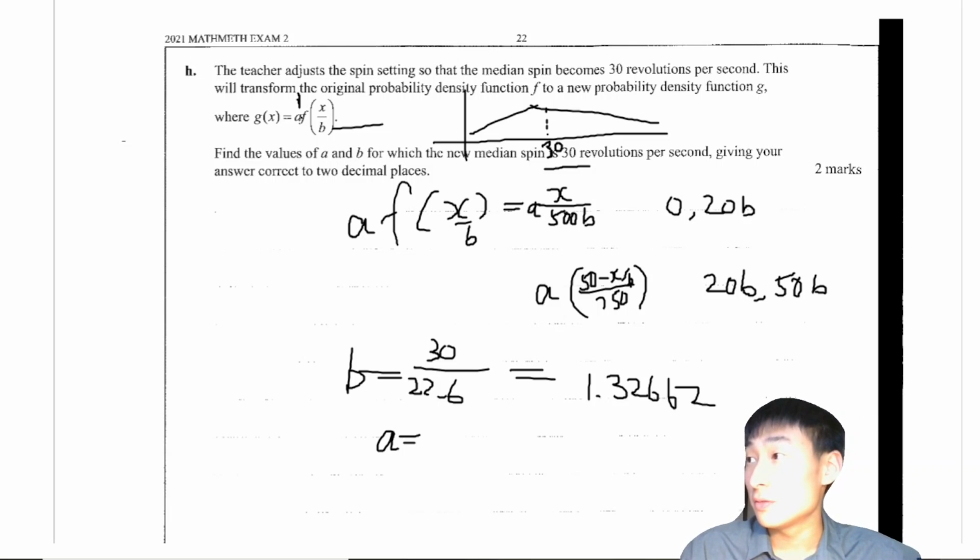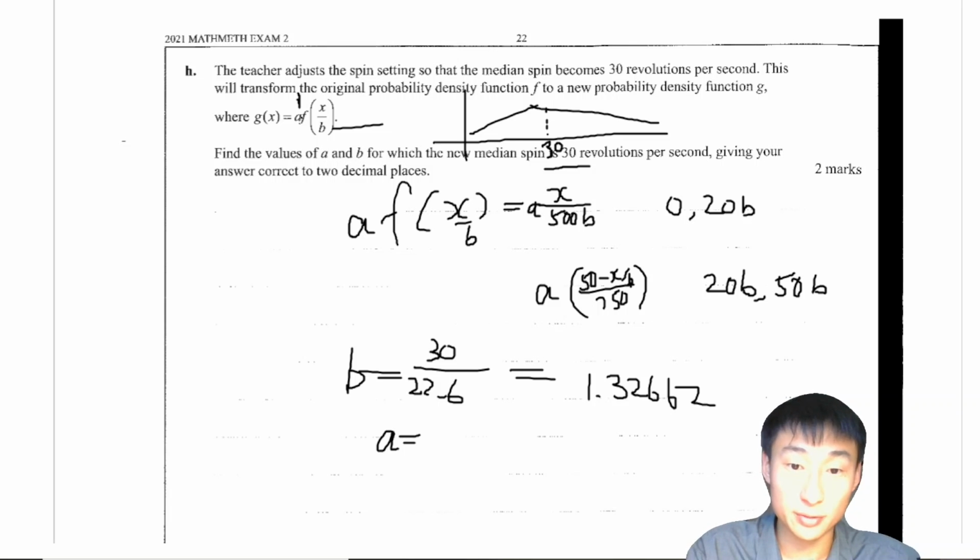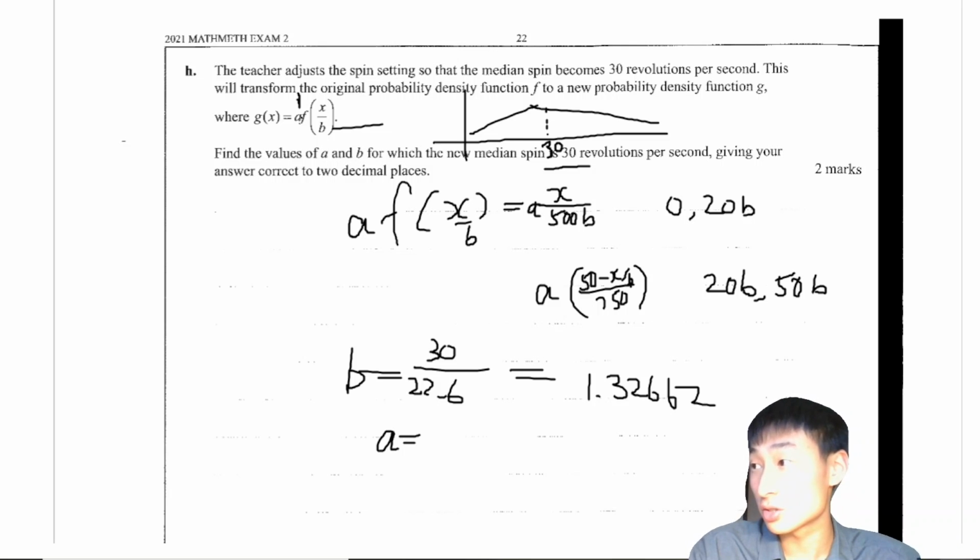So the integral from 0 to 20 times b, so that's 1.32662, of a times x over 500 times b. I'm actually going to just ignore b.